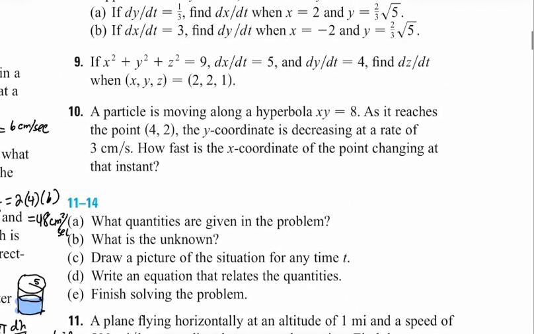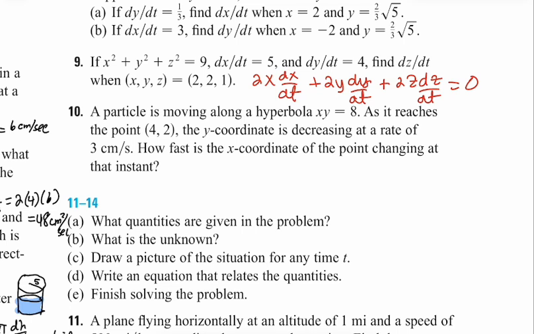So if we look at number 9, they've found the equations and the rates for us. You just get to differentiate and then solve. So I'm not going to do number 9, but I will do the derivative part so that you don't mess that up. The derivative part is 2x dx/dt plus 2y dy/dt plus 2z dz/dt equals 0.